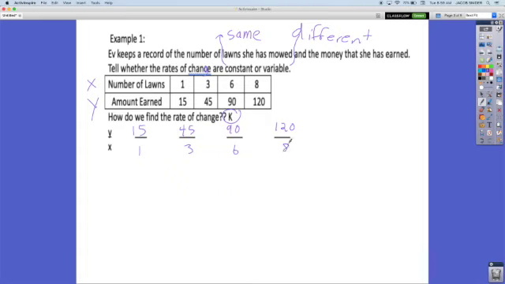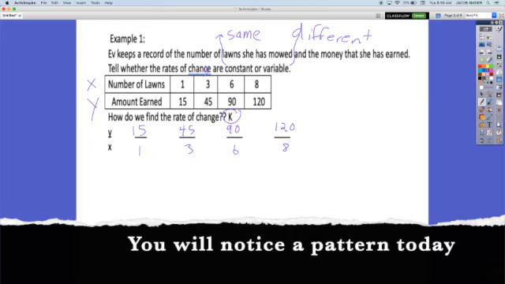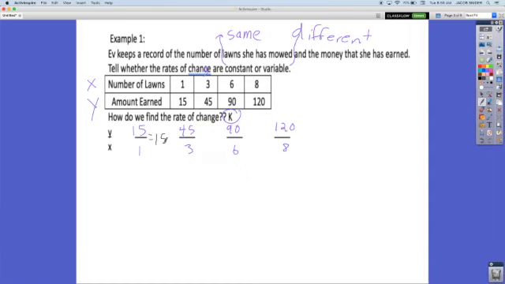Now, yesterday we talked about how to find out if those are constant or not. We would just simplify them all, right? And if I simplify and they're the same, then we have the answer. So 15 over 1, we know that's pretty simple, right? 15 over 1, we know that's going to simplify to 15. So I need all of these to be 15 to make sure that they are constant. 45 divided by 3, 15. 90 divided by 6, 15. 120 divided by 8, 15.